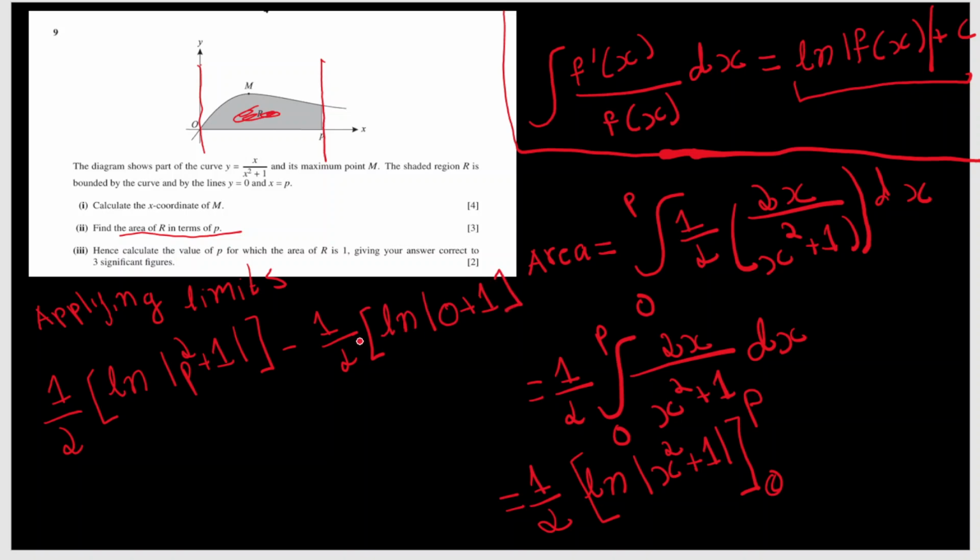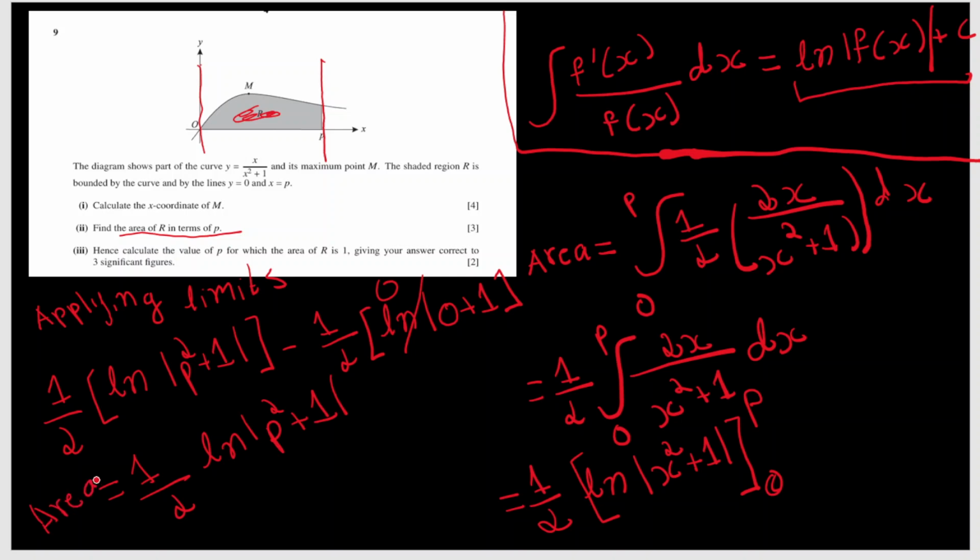Over here we know that ln 1 is 0, so this is going to become 0, and we're going to be left with 1 over 2 ln p square plus 1, and that is our answer in terms of p. So we just got rid of the c, easy peasy.